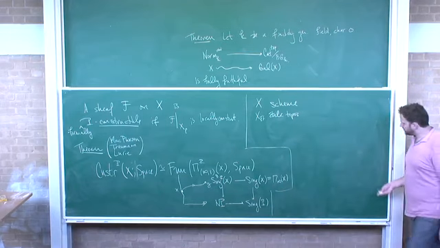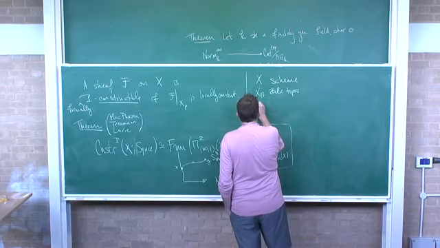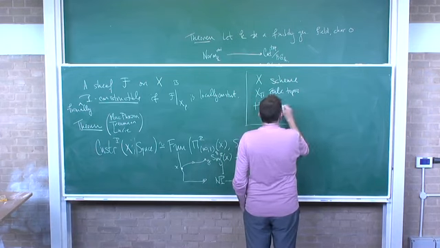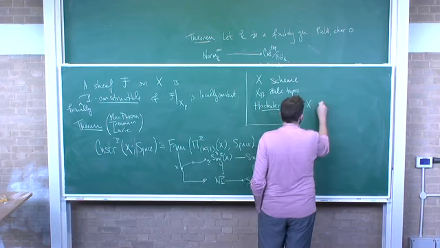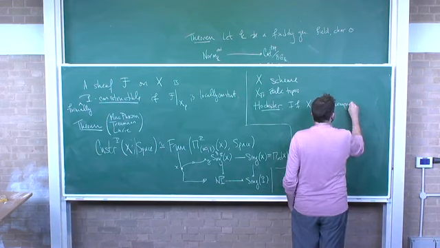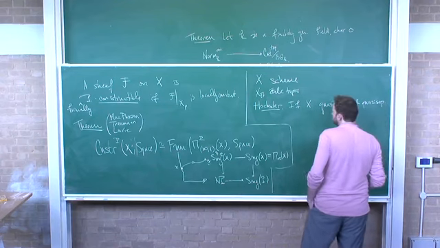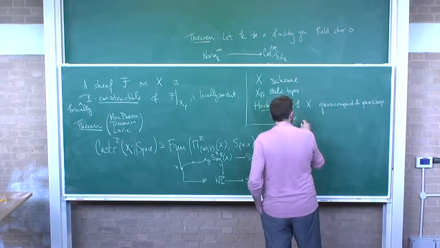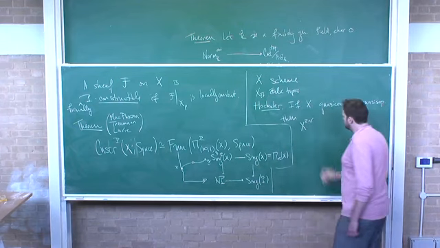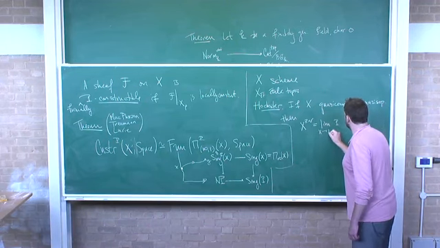That's not as bad as it might seem because of the following observation, an old theorem of Hochster: if X is quasi-compact and quasi-separated, then the Zariski topological space is actually the limit of its finite constructible stratifications.